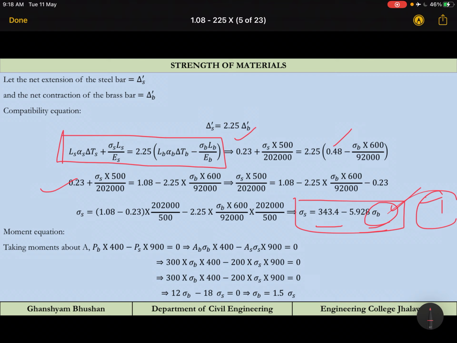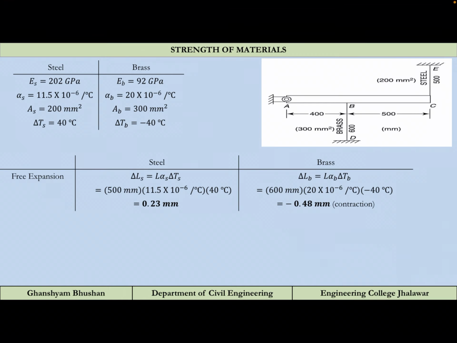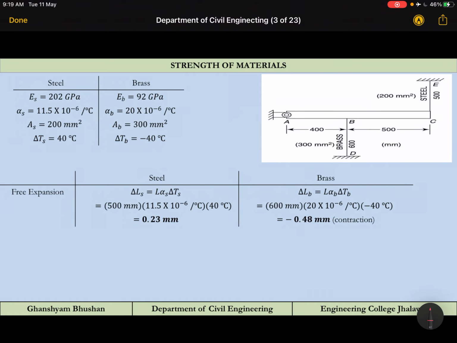From the equilibrium point of view we are going to calculate. Now let us see, PB is the force corresponding to sigma B and PS is the force corresponding to sigma S, which is generated in the bar. By taking the moment, let me show you in the first diagram. This is 400 and this is 900.